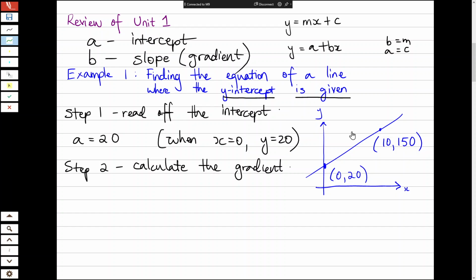If you've forgotten, if I have 2 points with coordinates (x1, y1) and (x2, y2), then the gradient, or the slope, which we will call b in this course, is given by the change in y, y2 minus y1, divided by x2 minus x1. Change in y over change in x, or rise over run.